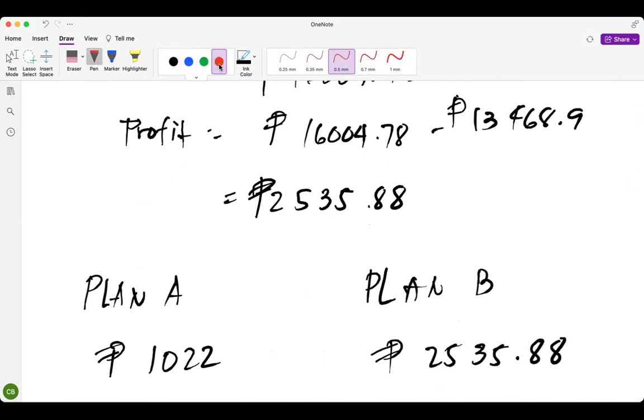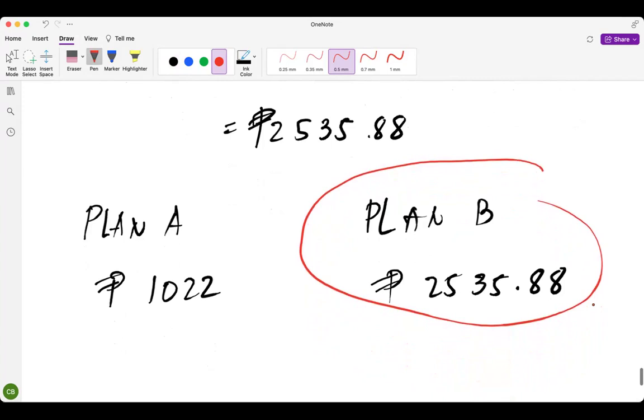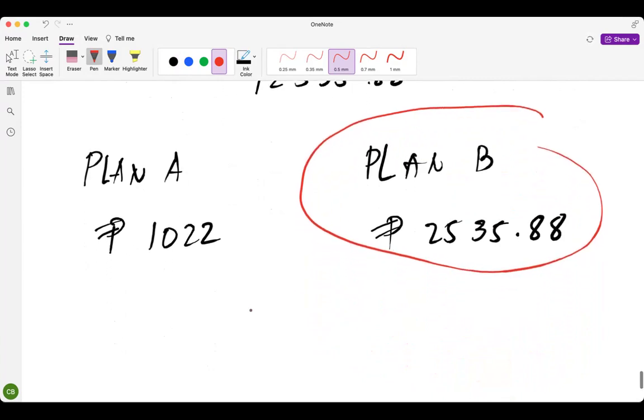So of course, we are going to choose plan B because it has higher profitability. So we deduct 2,535.88 minus 1,022. So it has a difference of 1,513.88. Plan B has 1,513.88 more than plan A. So we're going to choose plan B.